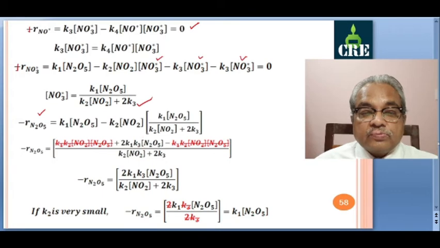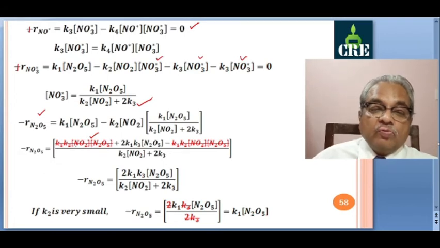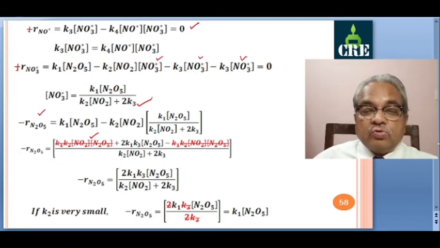Solve for this. So this is K1 K2 NO2 N2O5, 2 K1 K3 concentration of N2O5 minus K1 K2 NO2 N2O5. These two terms are the same with opposite sign, plus and minus, so they cancel out. So in the numerator I have only 2 K1 K3 into concentration of N2O5.